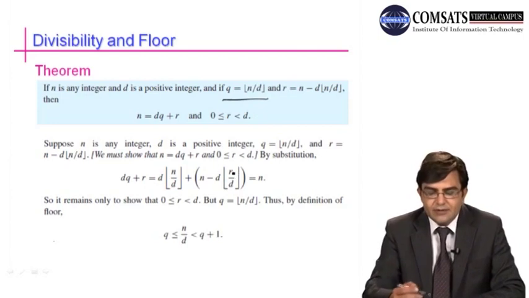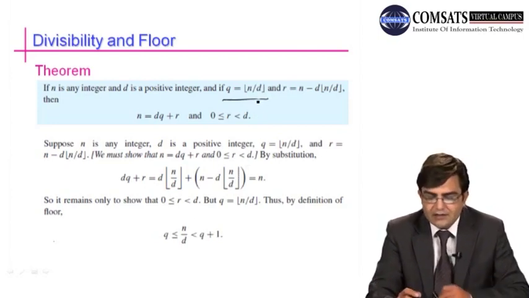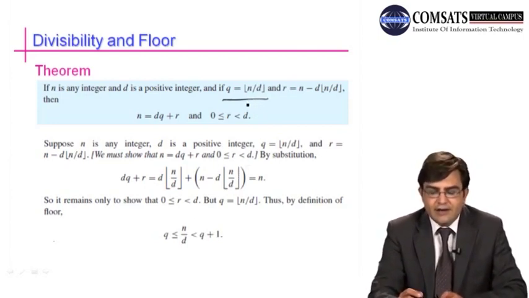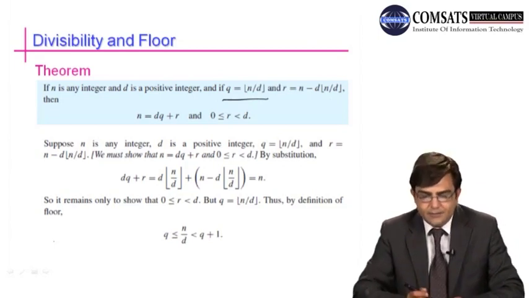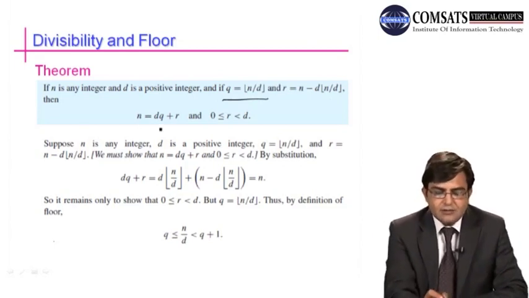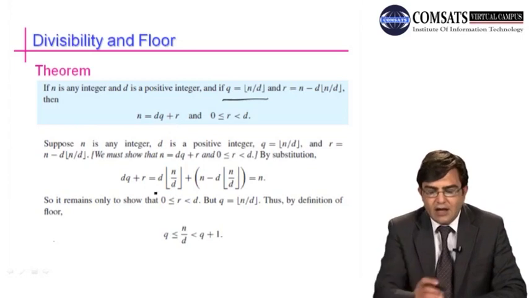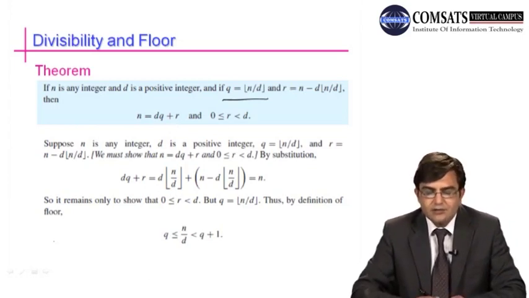We will see in the examples after this theorem why we can write q as the floor function of n by d, and r is equal to n minus d times the floor of n by d. Then we can write n is equal to dq plus r, where r must be greater than or equal to 0, but less than d.